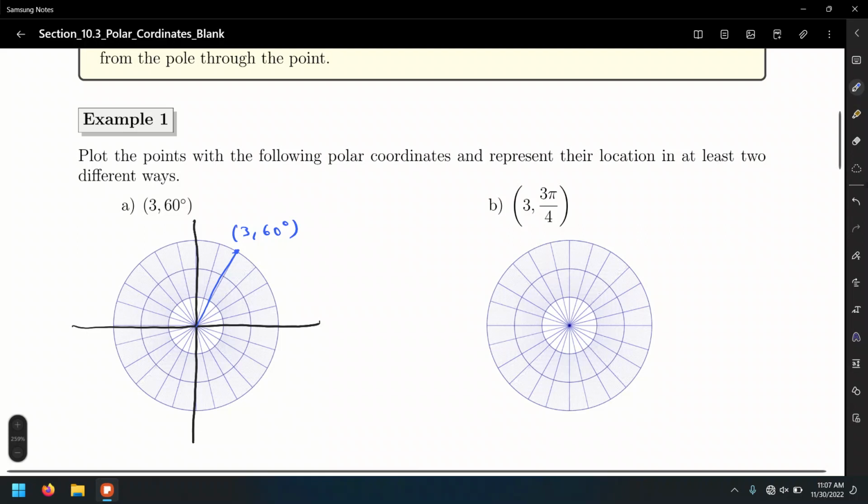Well, they're also asking us to represent this location in at least two different ways. Actually, I'm going to do many ways, not just two, because it's important to get used to different versions of this. So here is the thing. In this case, polar coordinates are related to trigonometric functions.